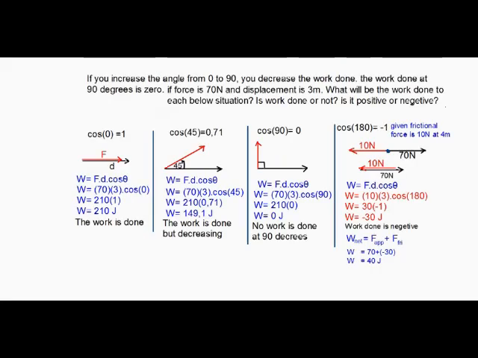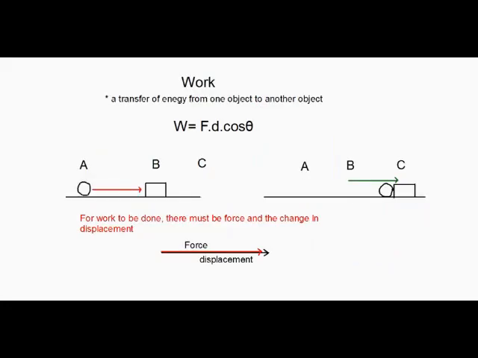Okay, here we are going to start in this scenario, then we'll move here, and then we will eventually end up here. When the angle is 0, the force applied is parallel to the displacement. As you can see here, there is no angle between the force and the displacement.